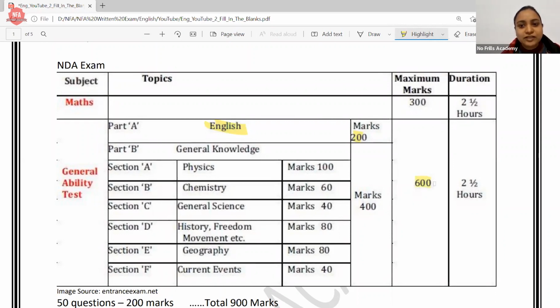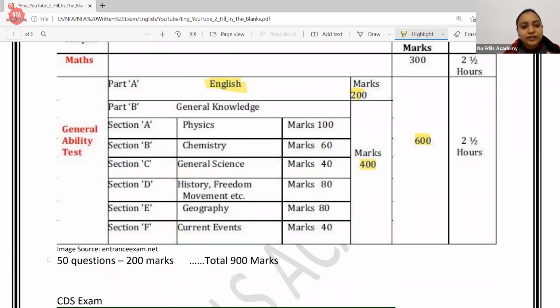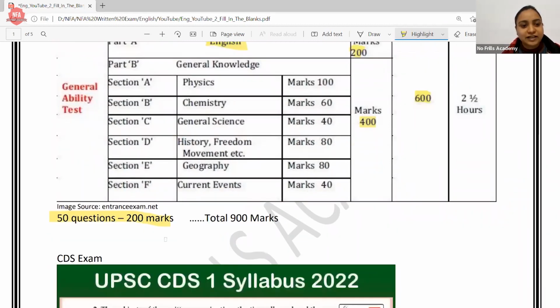If you look carefully, in 600 marks, 200 marks are of English and the rest 400 are of other subjects such as physics, chemistry, biology and all. So English forms a major part. There are 50 questions for 200 marks out of the total 900 marks. 50 questions of 200 marks means each question is of 4 marks. So that is the importance English carries in the NDA written examination.